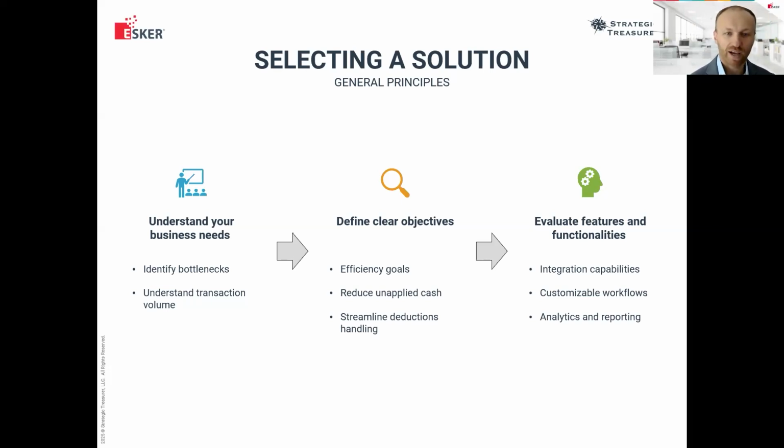Evaluate features and functionalities. So integration capabilities with your ERP system are crucial, understanding and conceptualizing what that means, the timing surrounding it, the IT effort surrounding it, and customizable workflows, analytics, and reporting. Those two are very important because that's a big part of the value of these automated solutions.